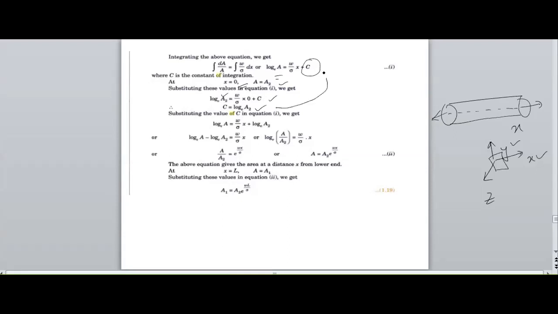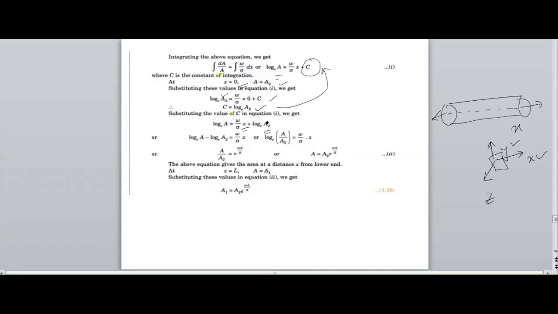Therefore, log A is equal to omega by sigma into x plus C, where C can be written as log A2.